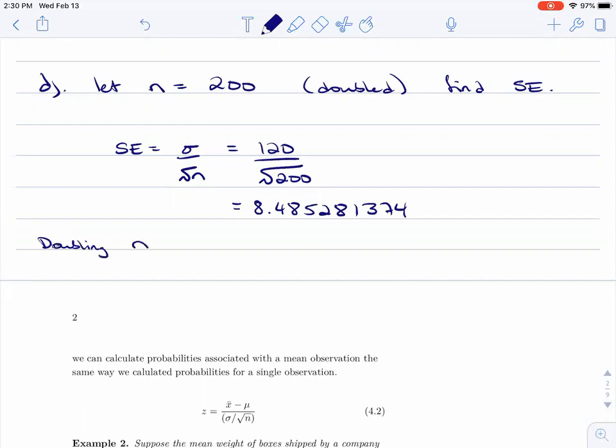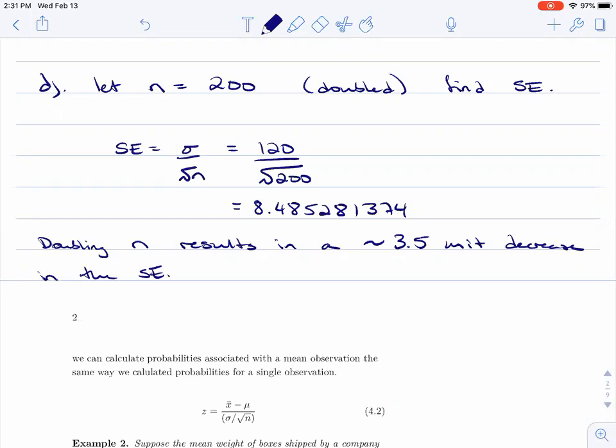Doubling n, shorthand for the sample size, results in, let's do 12 minus 8 point whatever, a roughly 3.5 unit decrease in the standard error.